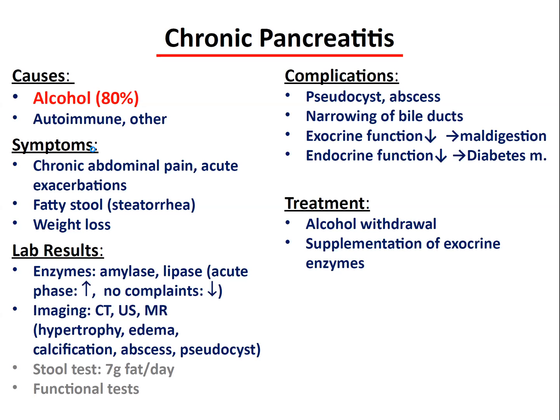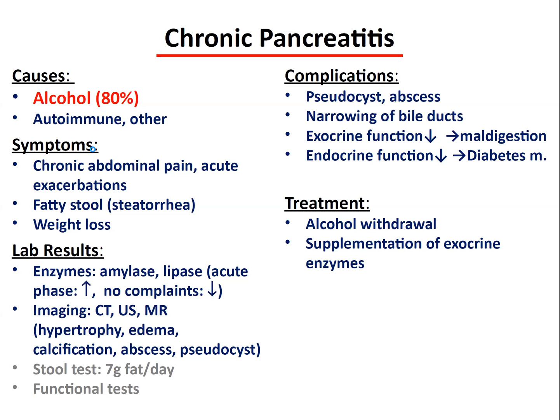So what we have in the lab: enzymes such as amylase and lipase increase in the blood in the acute phase. However, when we do not have any acute exacerbation of the pancreatitis, usually the enzyme level is lower than normal.